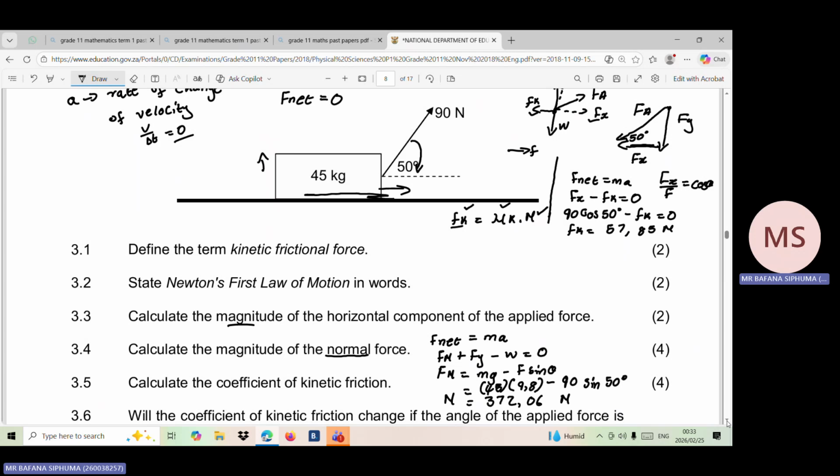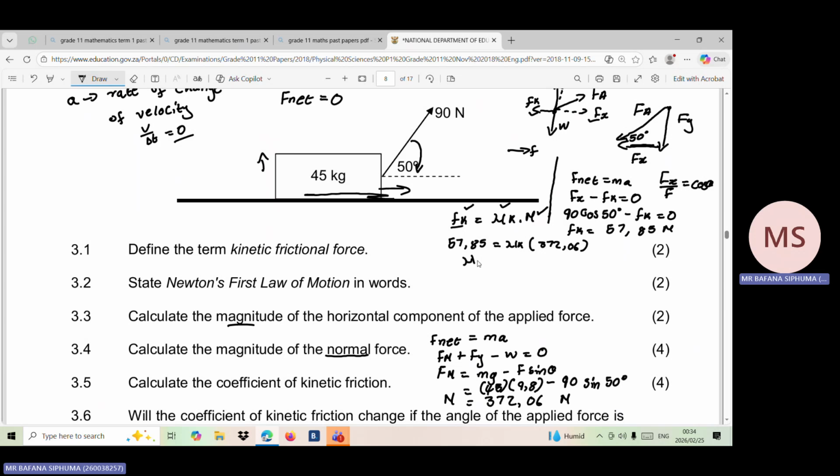My normal force was 372.06, and then I'm going to say 57.85 is equal to mu k, which is the coefficient of kinetic friction, multiplied by 372.06 right there.